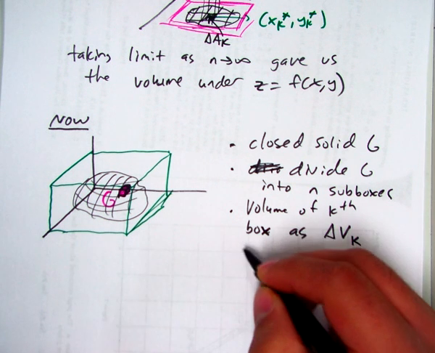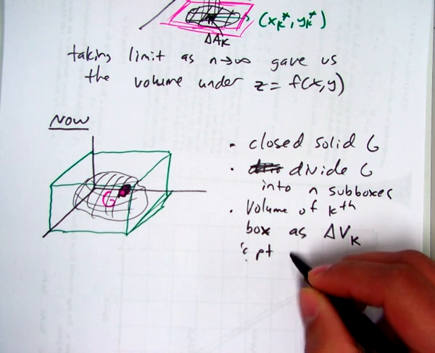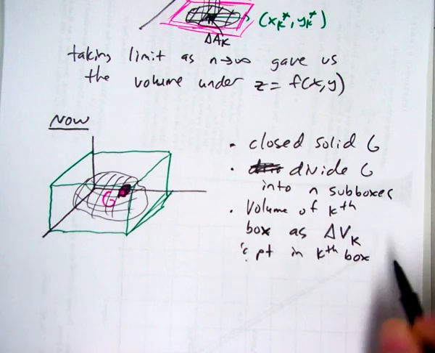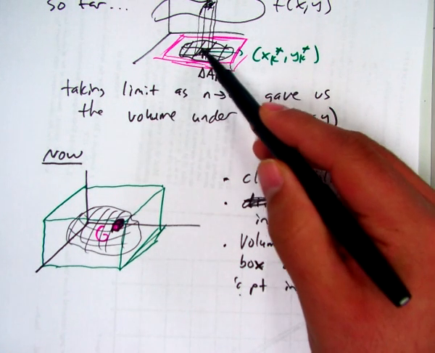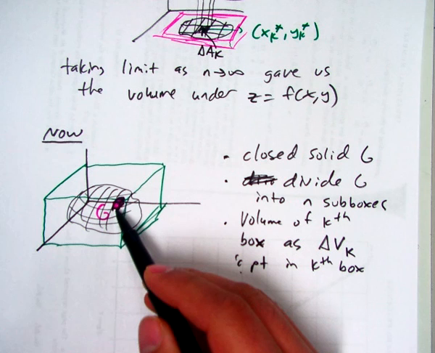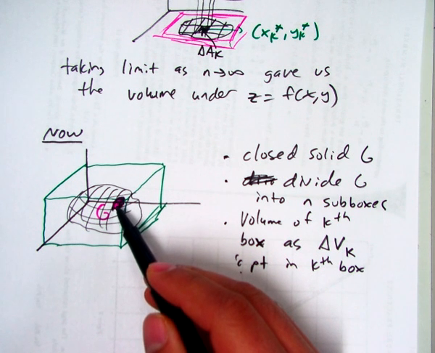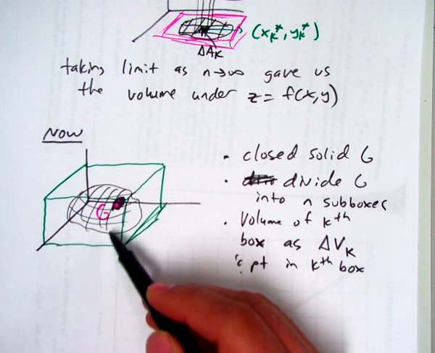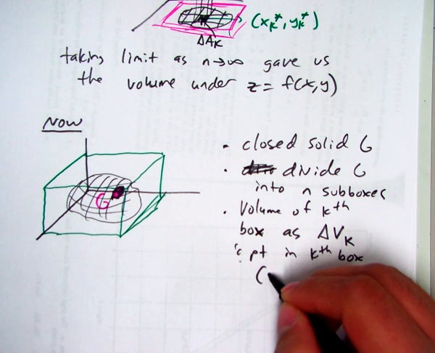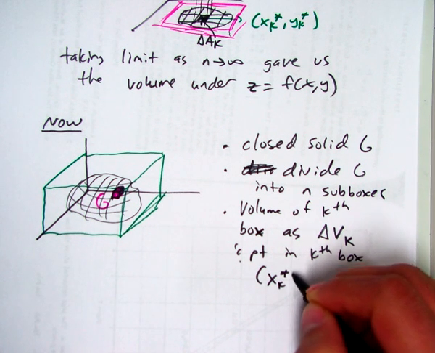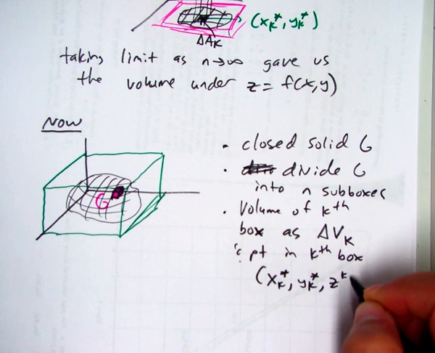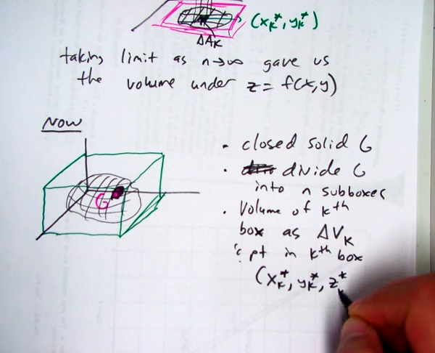And the point that's in the kth box, here we had just x sub k, y sub k because they were on the xy plane. Well, now this box may or may not be on the xy plane, or at least the z-coordinate may not be. So the point will be x sub k star, y sub k star, and now we may have a z sub k star.